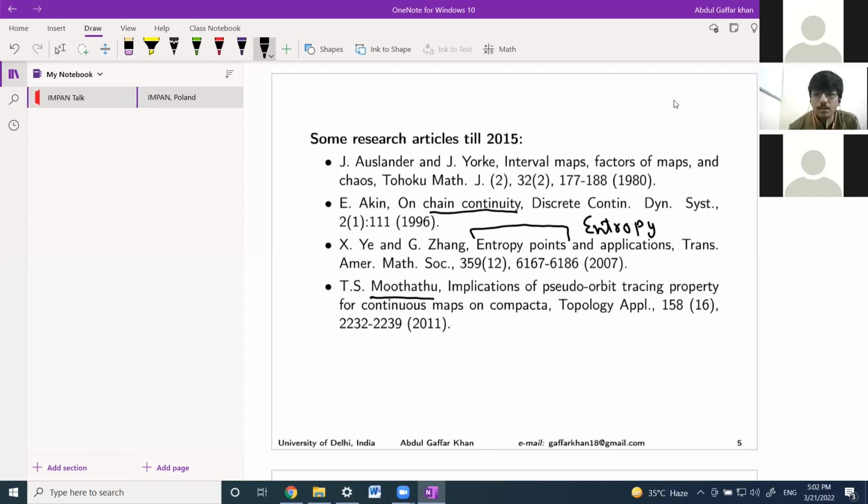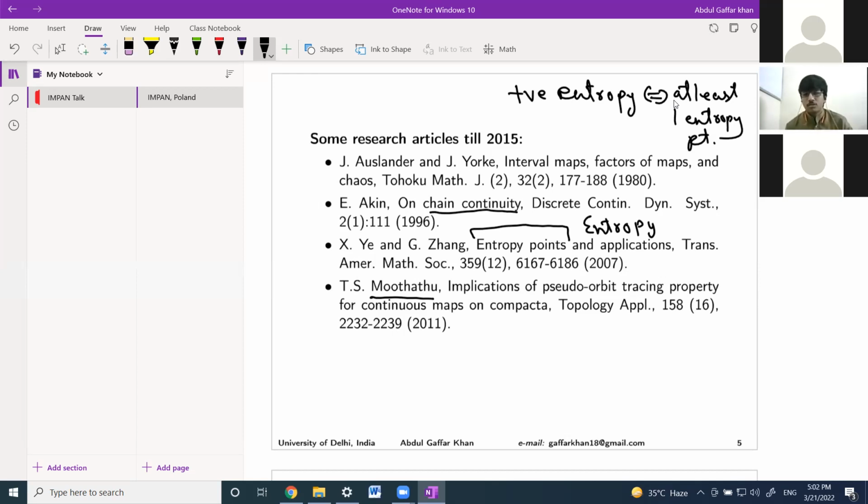Basically, Ye and Zhang showed that a map has positive entropy if and only if it admits at least one entropy point. Although Ye and Zhang had studied several other variants of entropy points, the entropy point was used by Mutatu especially to provide a sufficient condition for a map to have positive entropy.